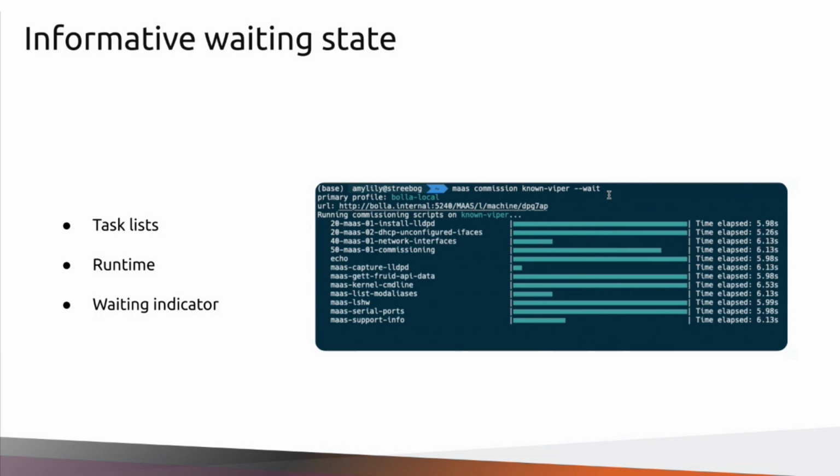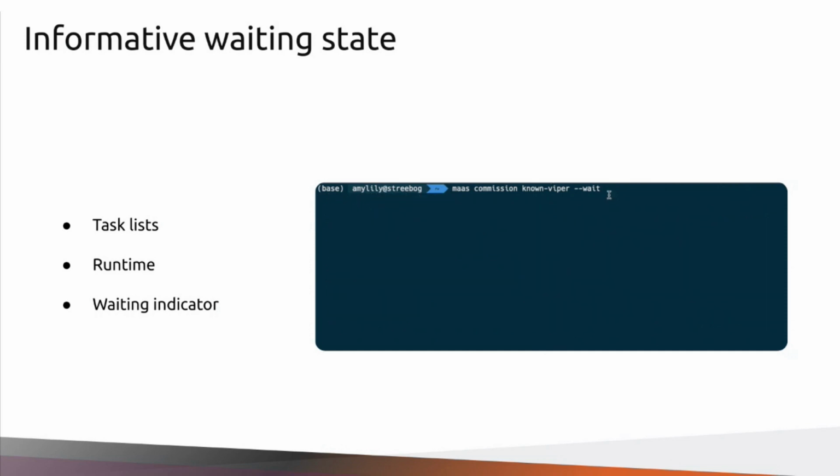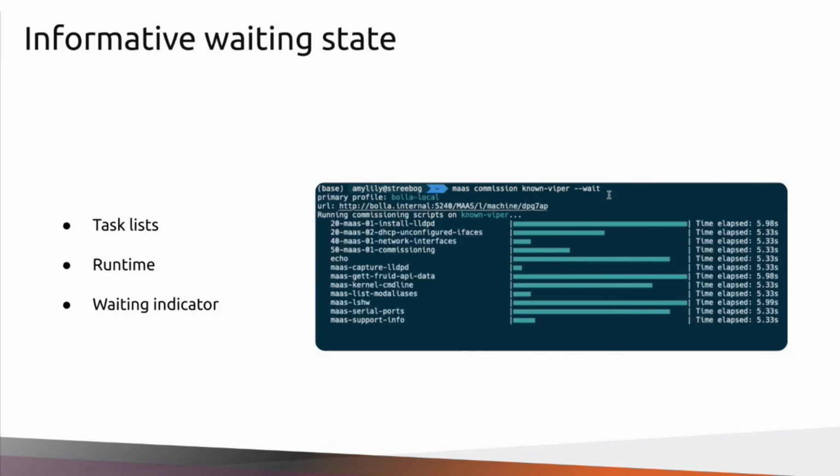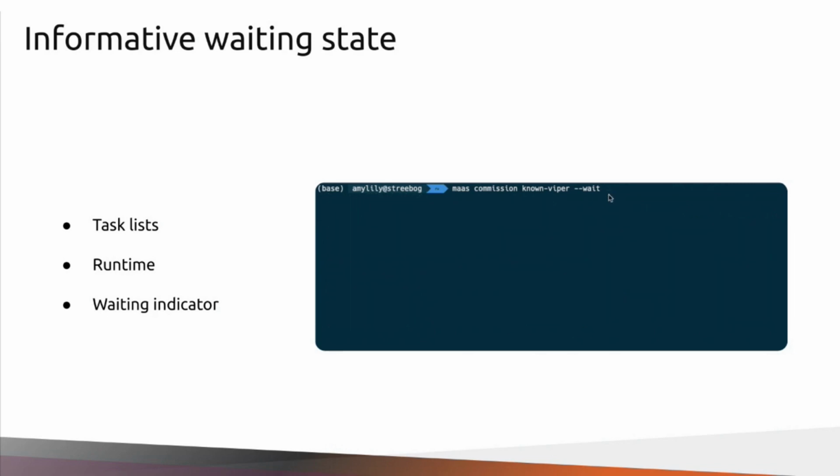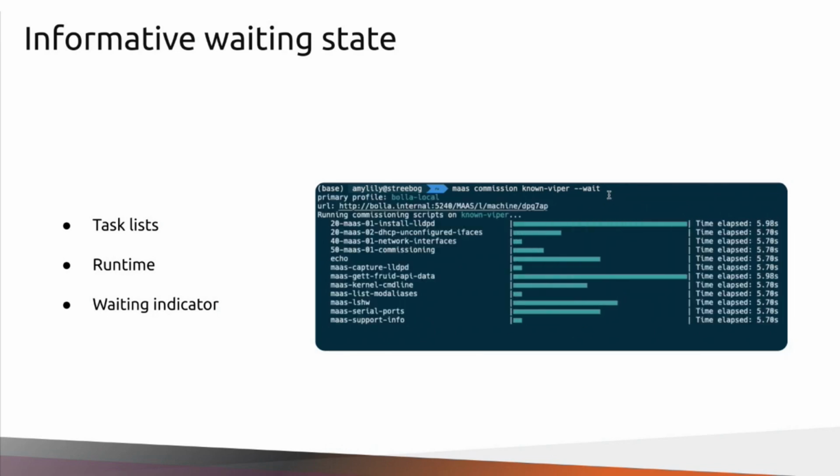Commissioning, or one of the actions in MAAS, is to commission a machine. Normally it takes about 60 seconds if it's successful, but it can take up to 30 minutes for a timeout. So by default, our users prefer to run this task in the background. However, when something is wrong, most people would like to see what's happening in the background.